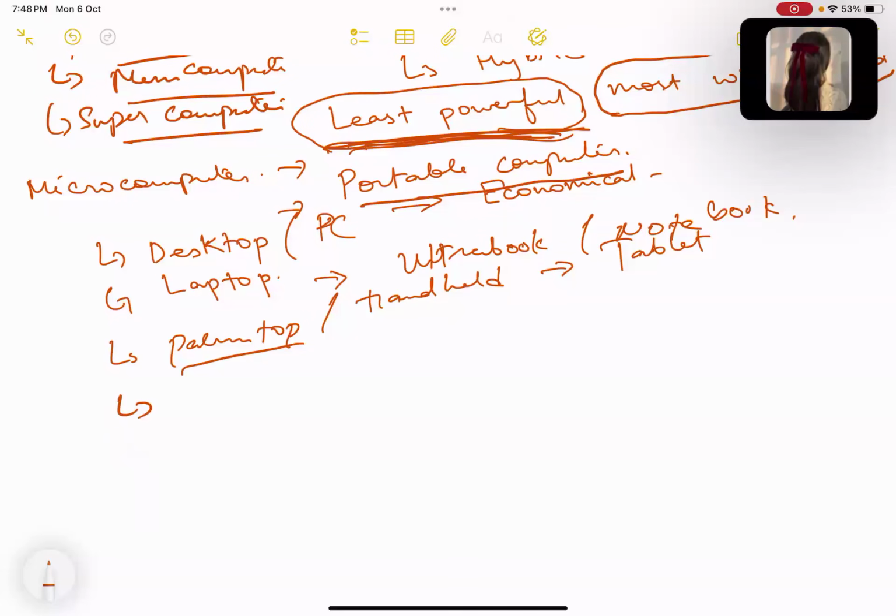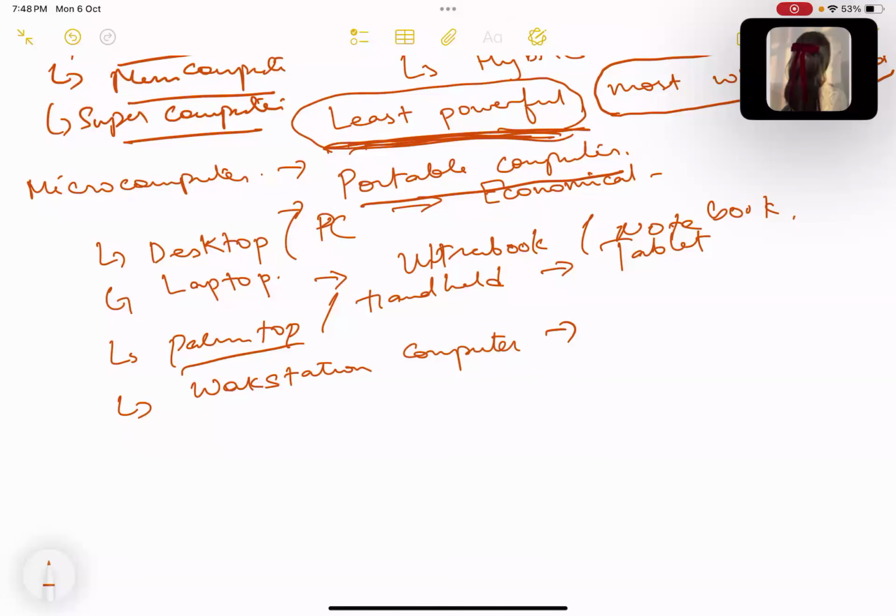Then we have the workstation. Now, workstation computers are just like a regular PC, okay?